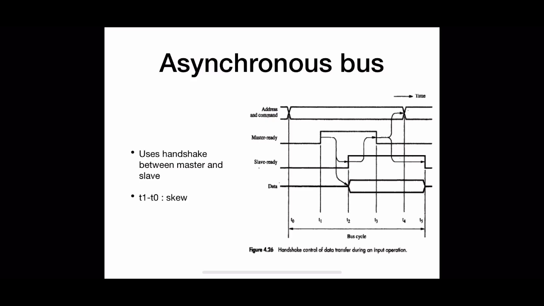After a delay equivalent to the maximum skew and the minimum setup time for the corresponding input buffer, the master strobes the data into its input buffer. At the same time, it drops the corresponding master ready signal to indicate that it has received the data.